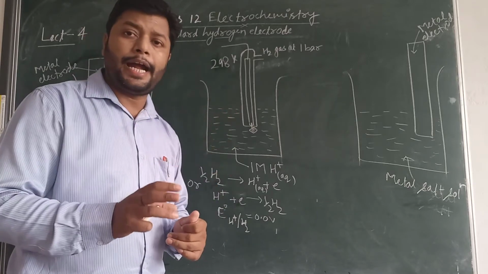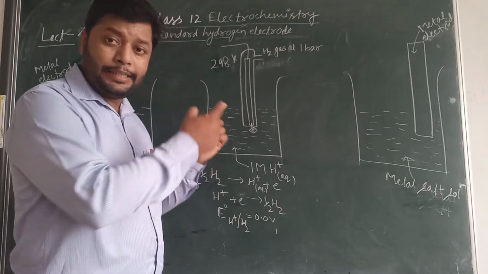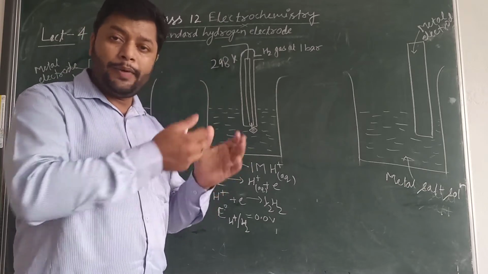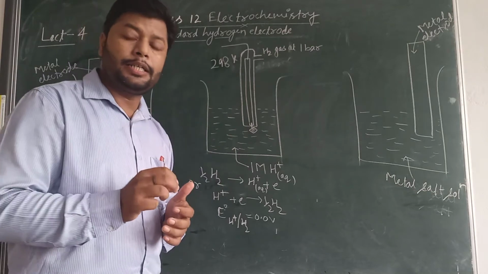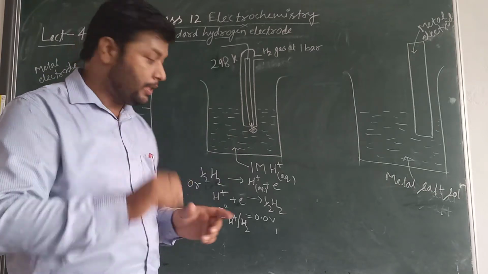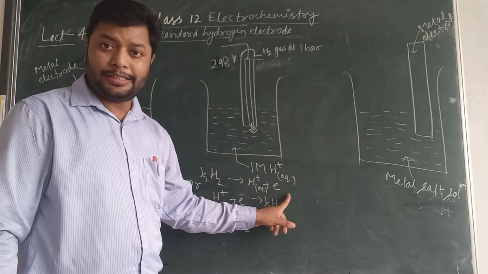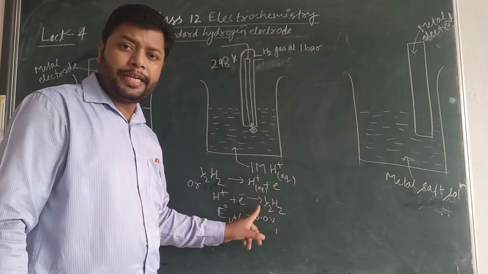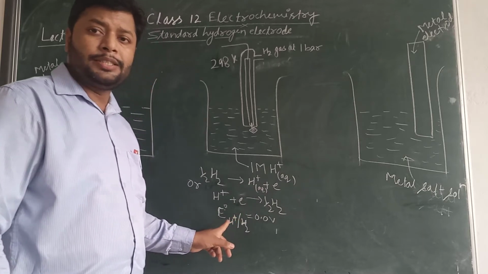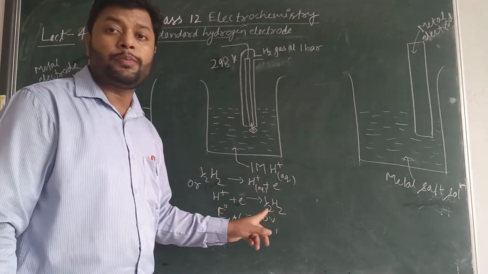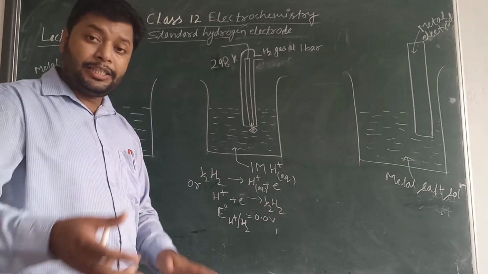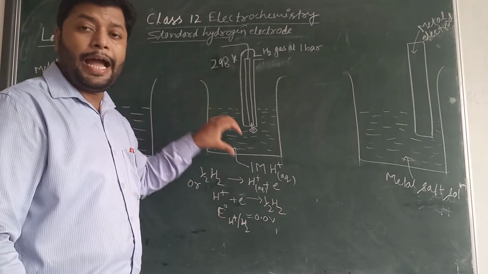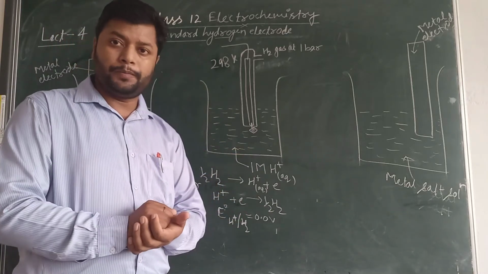It indicates that hydrogen gas at this given condition has no potential, and this is taken as the standard electrode potential. Whether hydrogen gas is oxidized or H plus is reduced, in both cases the cell potential observed is 0.0 volt, and this is the reason why we take the hydrogen electrode as the standard electrode.